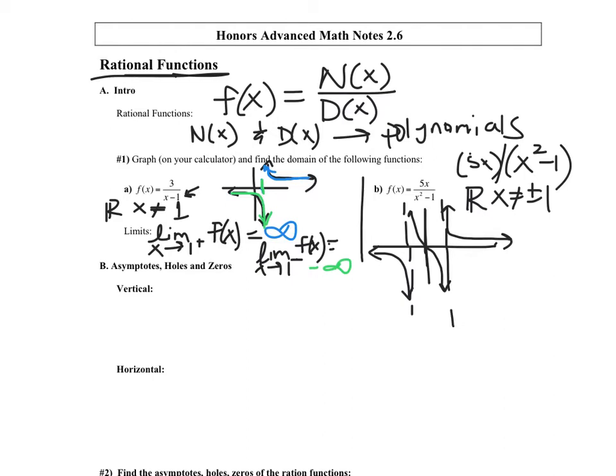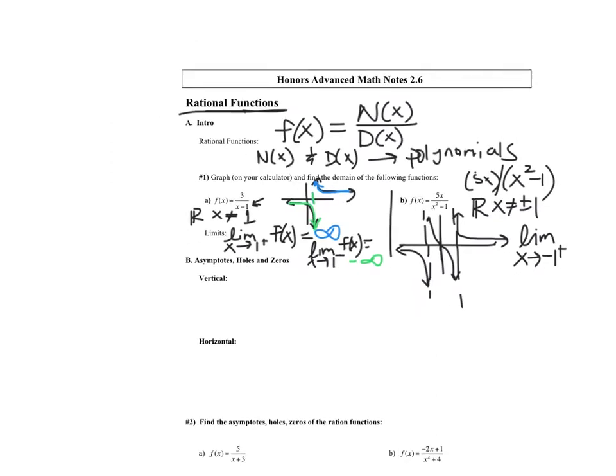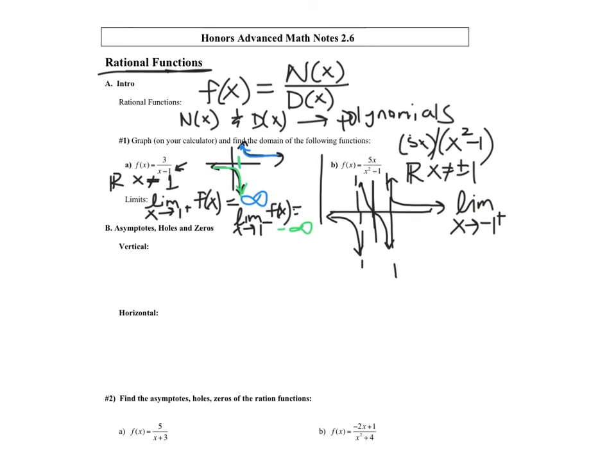And then they're going to ask you again, what is the limit as x approaches negative 1 plus? And that's looking at this and going on our graph towards negative 1 from the right side of our graph. And if you look at what that is, it's right here.